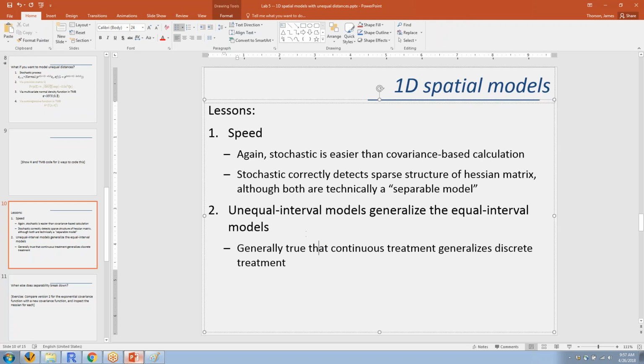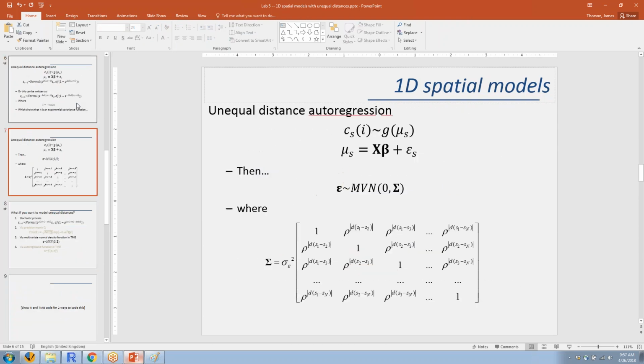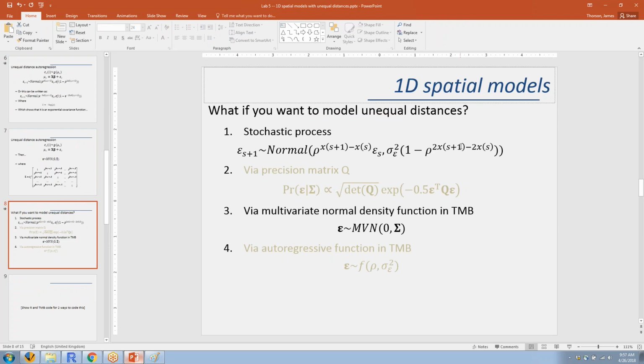Yeah, so, okay, and then the other lesson that I didn't really stress as we were going along: it just makes sense intuitively that this unequal distance version generalizes the equal distance version.